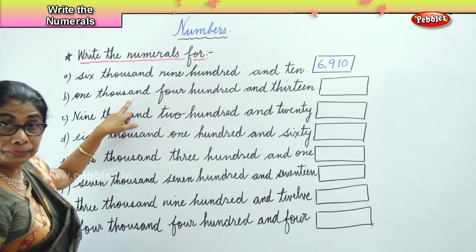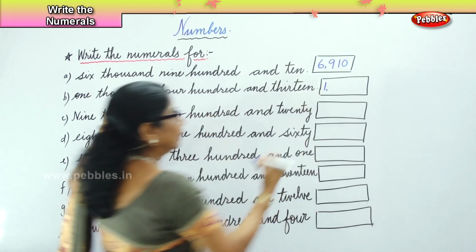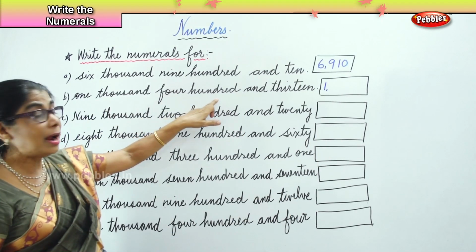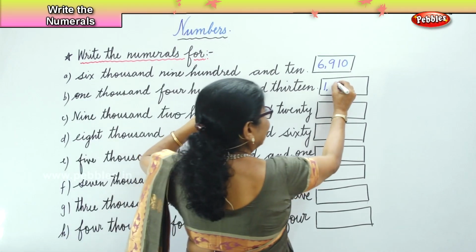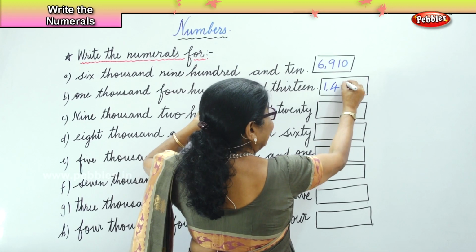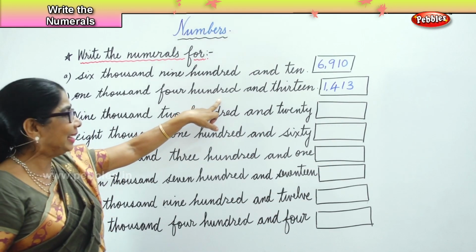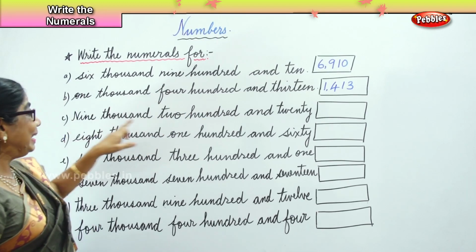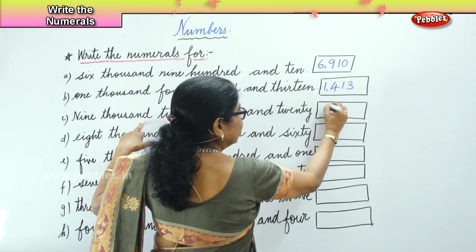Next, 1,000. You put the 1,000 first, a tiny comma. 413. Very good. Next one. 9,000.